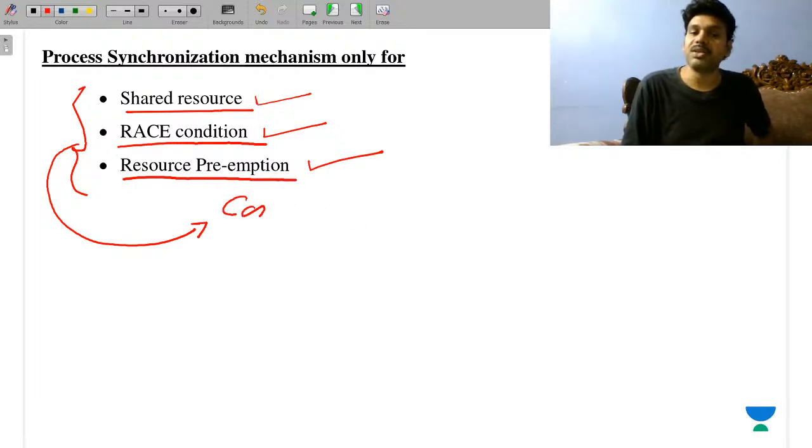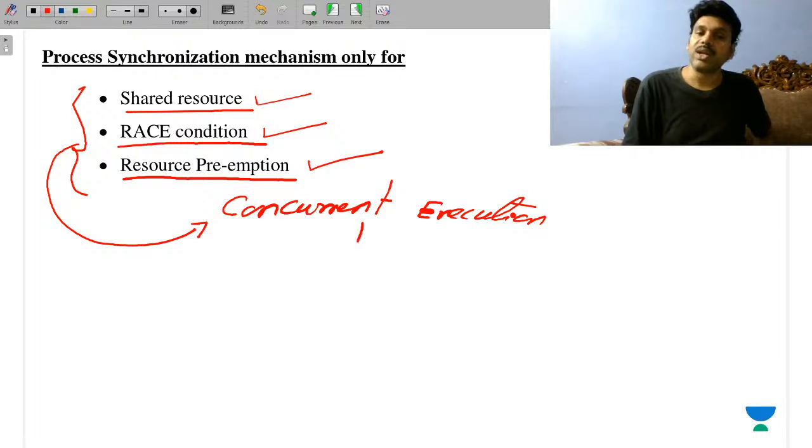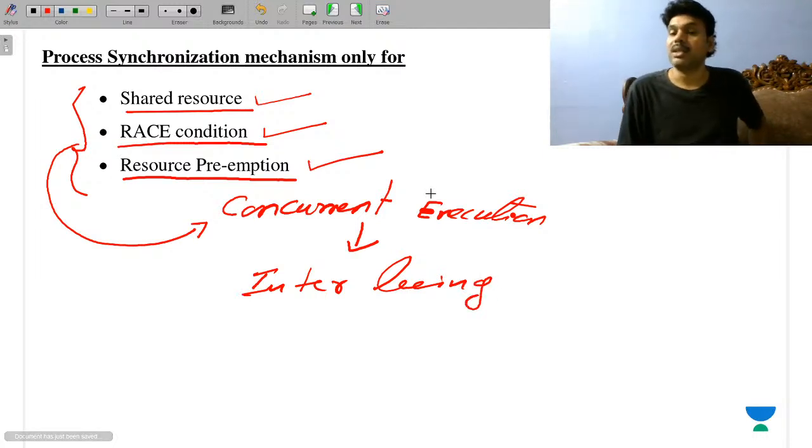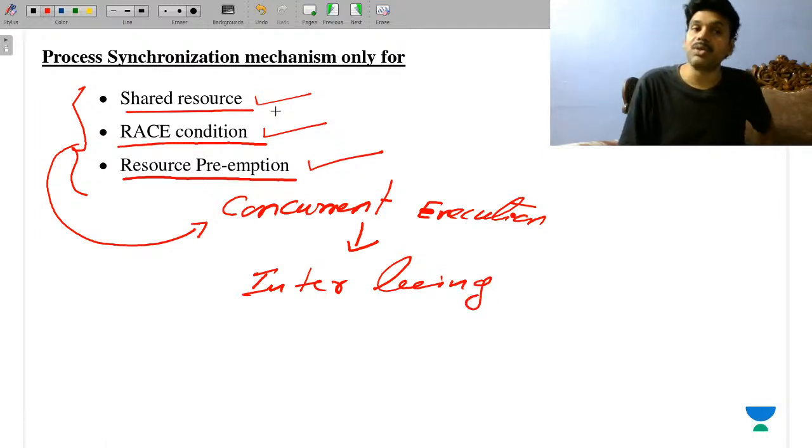You say interleaving. That interleaving, we are calling it concurrent execution. So whenever you see concurrent execution or interleaving execution, there is a mandatory requirement of process synchronization.